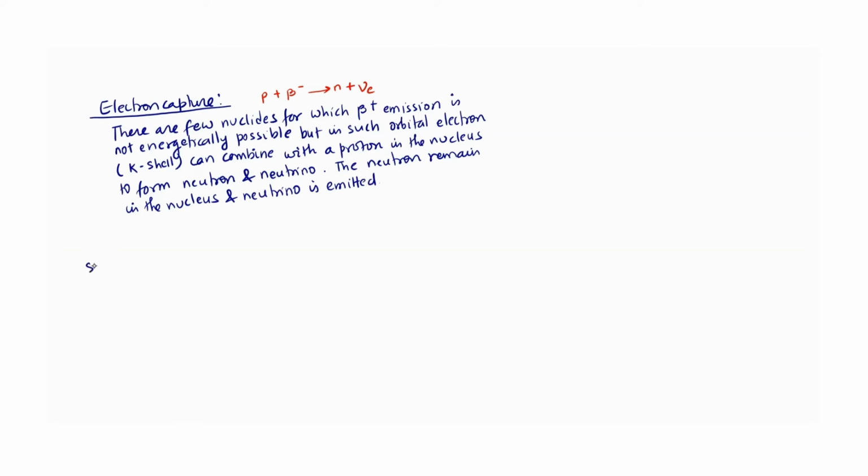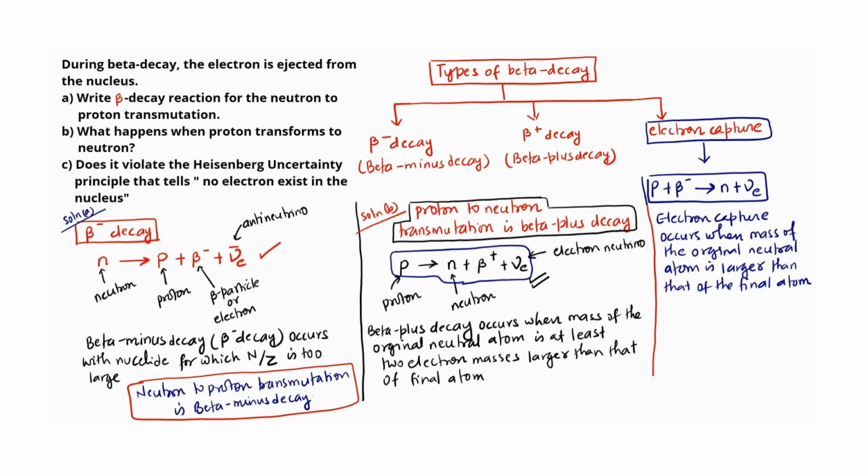Now let us discuss question C. Does it violate the Heisenberg Uncertainty Principle that tells no electron exists in the nucleus?